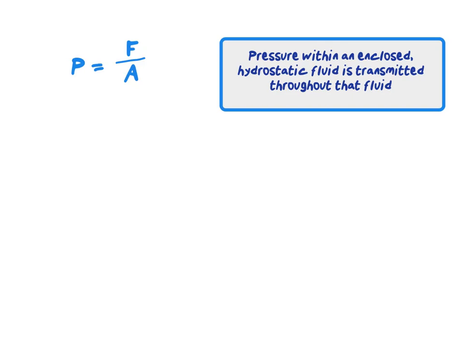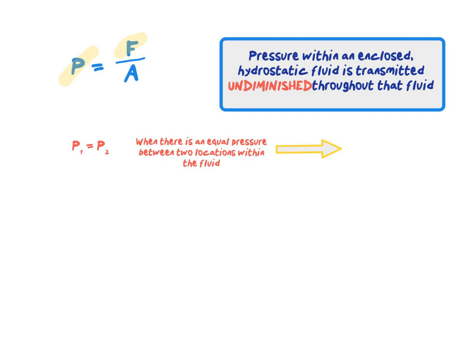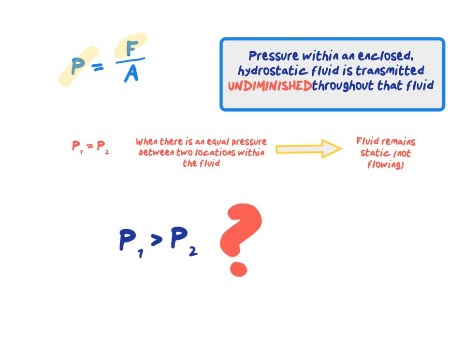In part 2 of this fluid mechanics series, we focused on how pressure is transmitted evenly throughout an enclosed fluid. We looked at the mathematical relationship between force and pressure and established how when there's an equal pressure, a fluid is static. Let's take a look at what happens when there's an unequal pressure between 2 points in a fluid.